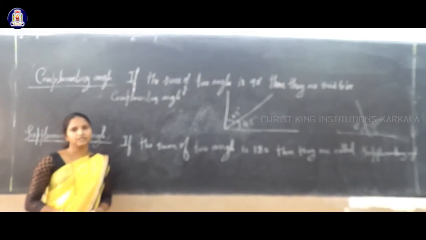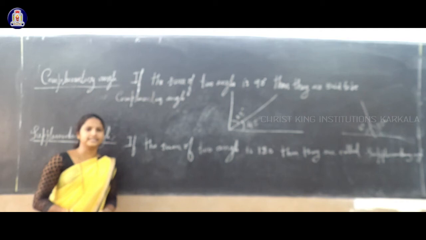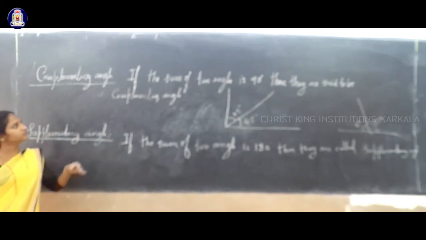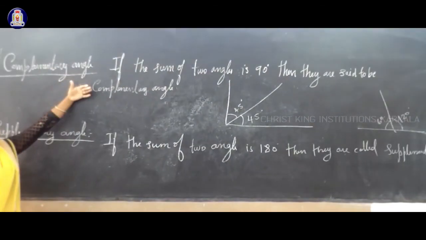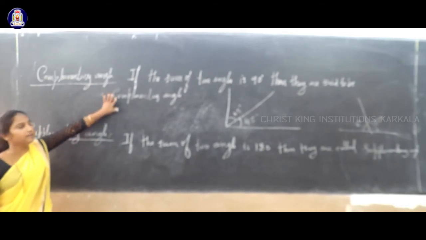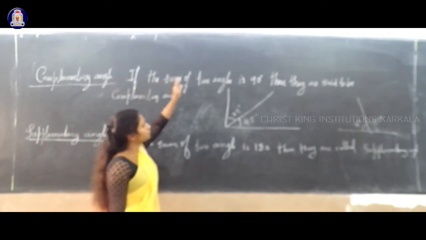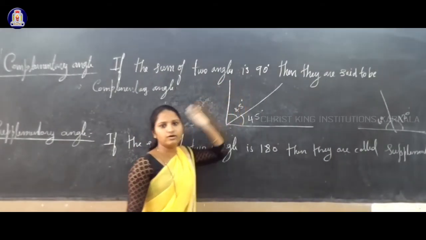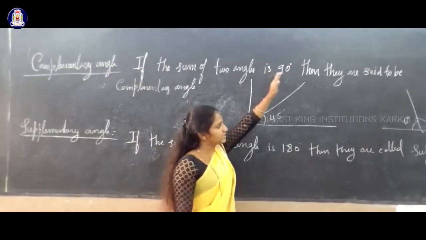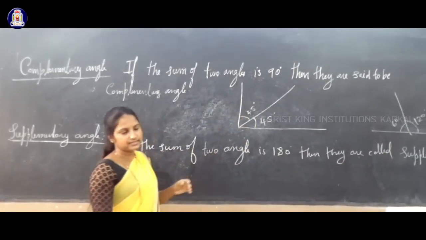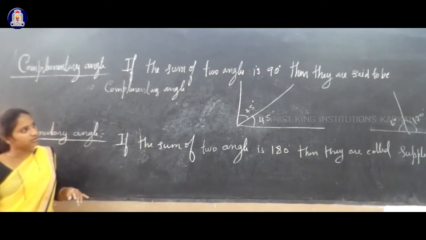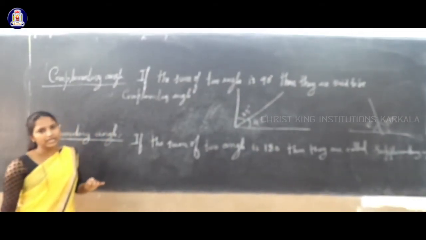Next concept is complementary angle and supplementary angle. First we'll see what complementary angles are. Complementary angle means if the sum of two angles is 90 degree, then they are said to be complementary angles.